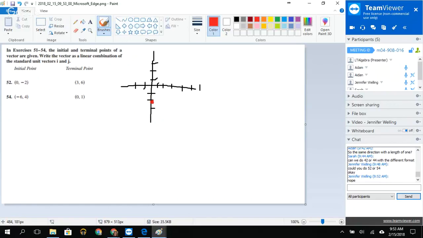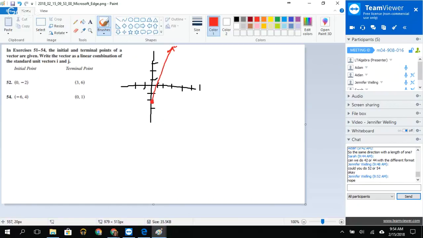And our terminal point is at 3, 6. I made my graph the wrong way. Up here. That's what our vector looks like, right? The initial and terminal points of the vector are given. Write the vector as a linear combination of the standard unit vectors i and j.